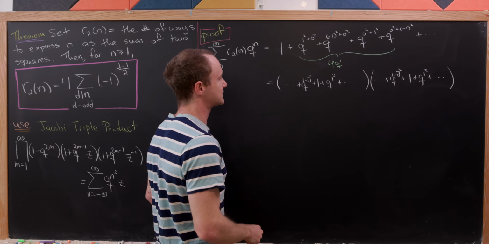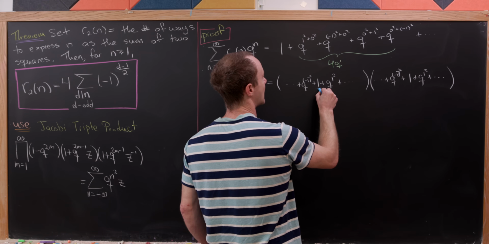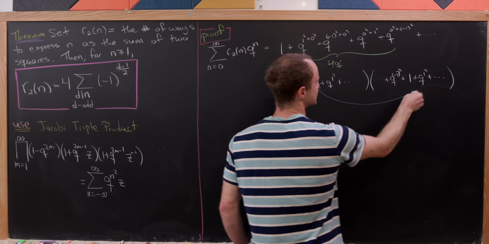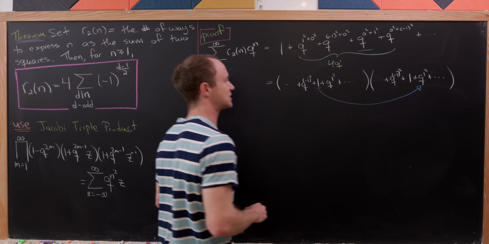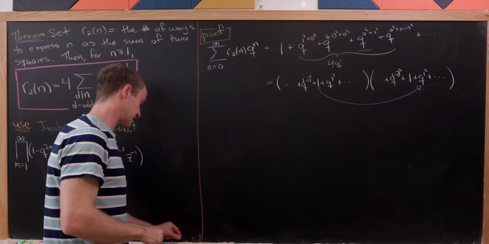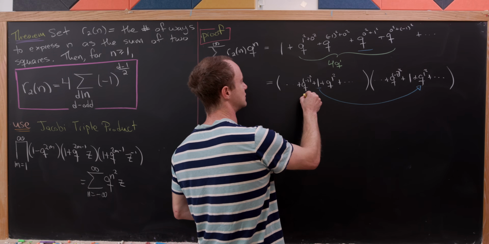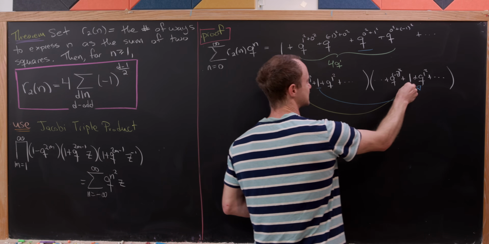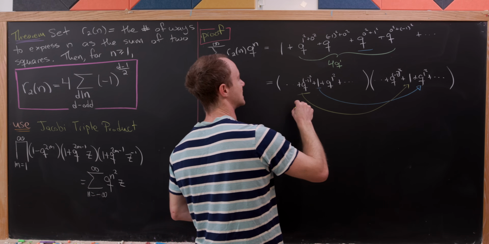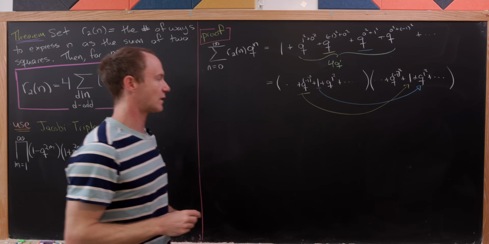Now let's observe if I take this 1 here and multiply it into this q to the 1 squared, I'm getting this term, this q to the 0 squared plus 1 squared. But then if I take this q to the minus 1 squared and multiply it into this number 1 here, I get q to the minus 1 squared plus 0 squared.